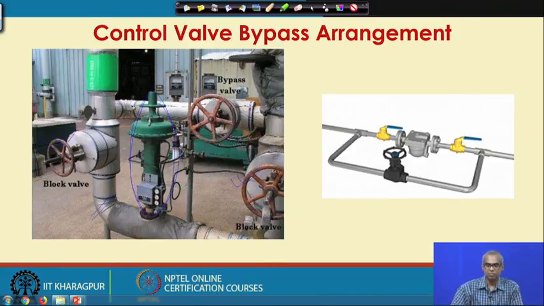During that time, this is the bypass valve which can be operated manually for normal operation. The same thing is shown here. This is the control valve, and these two valves can be used to close the flow in this pipe when the control valve fails, and this is the bypass valve which can be used during that period of time.